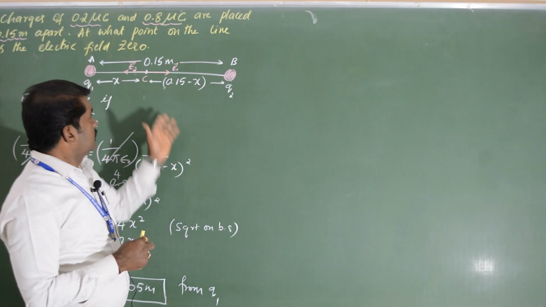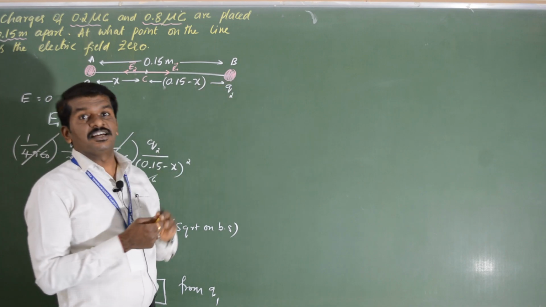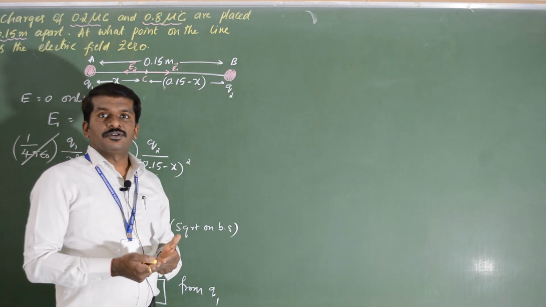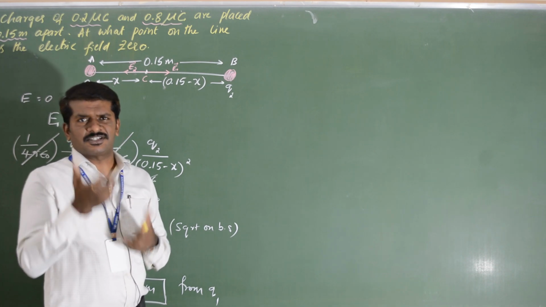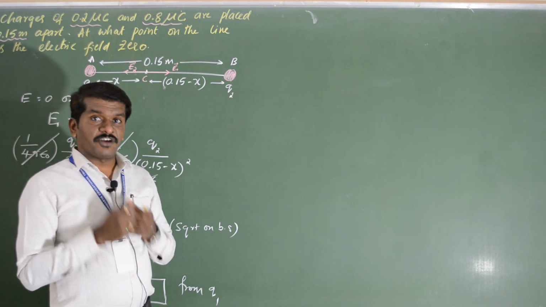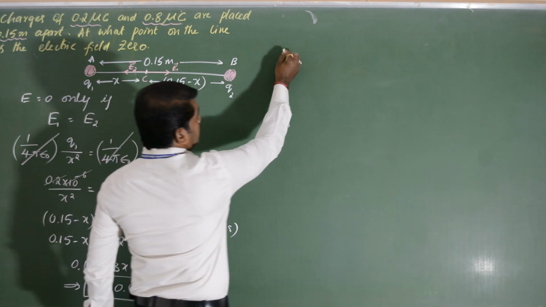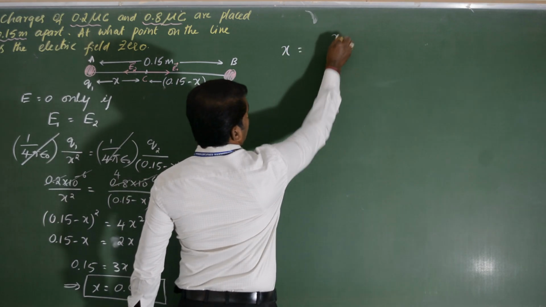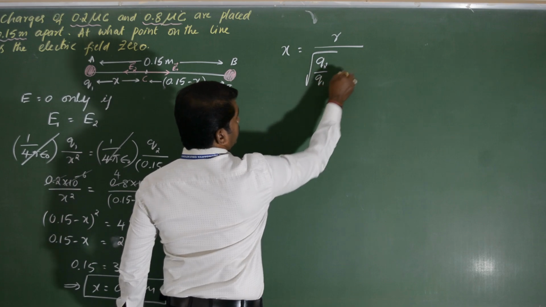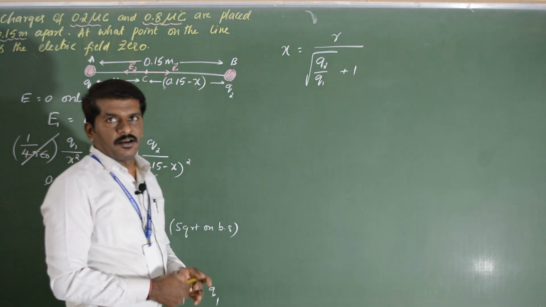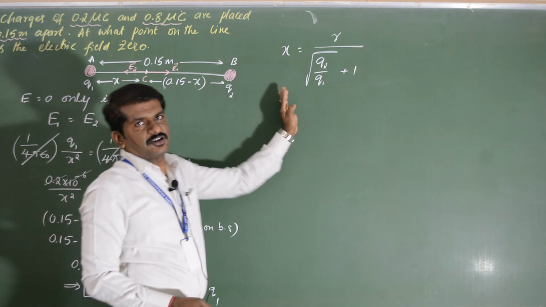Students, if the same problem is asked in the CET exam, we can also find the null point using a shortcut method. What is that shortcut method? We can find out the value of x by another method, that is given by x is equal to r divided by square root of Q2 by Q1 plus 1. If I rearrange this expression, we will get this formula.